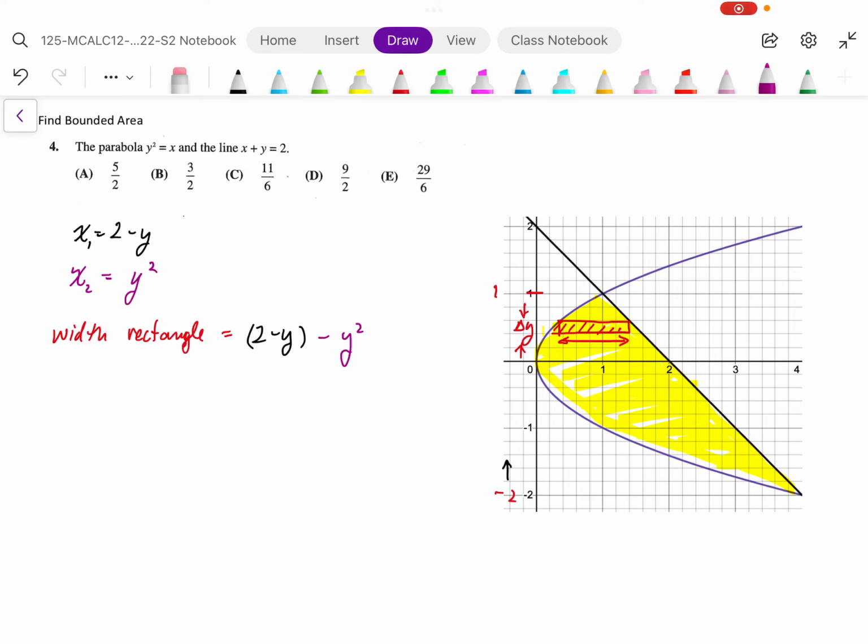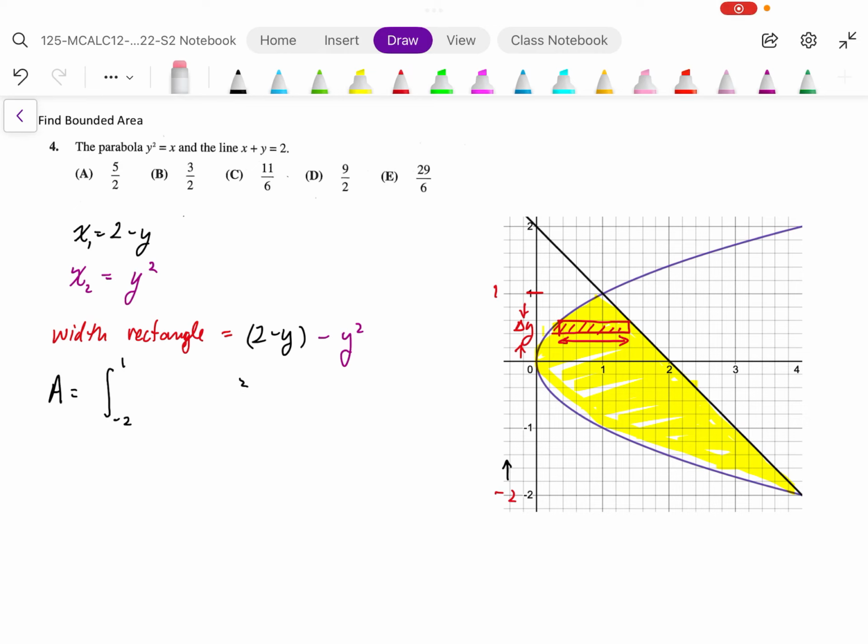Now, if I want to find the area, I'm going to multiply by delta y and then add it up. So that is doing an integral. That area can be done by integrating from y equals -2 to y equals 1 of 2 minus y minus y squared, taking that width that I found here.